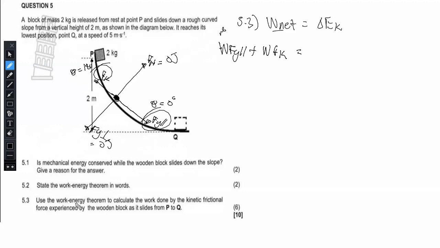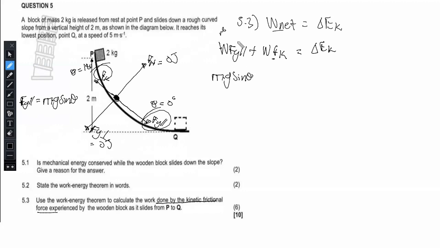So we are to calculate the work done by the kinetic frictional force, right? So let's have our change in EK here, and then let's start to break this one down. FG parallel, we know it to be from our Newton's second law, mg sine theta, right? So we're just going to say mg sine theta.